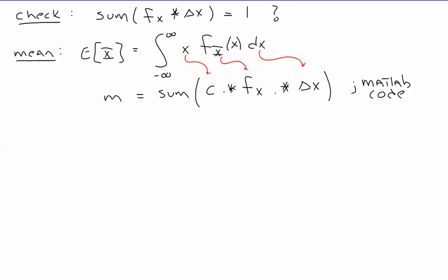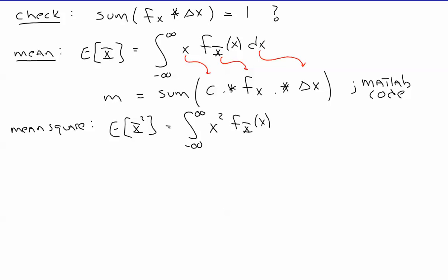I can also calculate the mean squared. Pretty straightforward. The expectation of x raised to the second power is the integral from minus infinity to infinity of x squared times the probability density function of x dx. In MATLAB, let's just call this M2, mean squared.